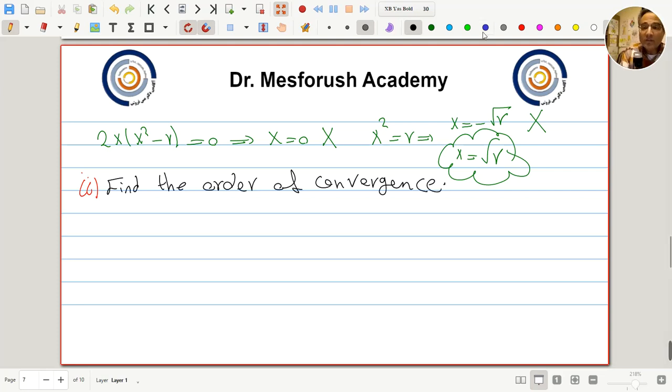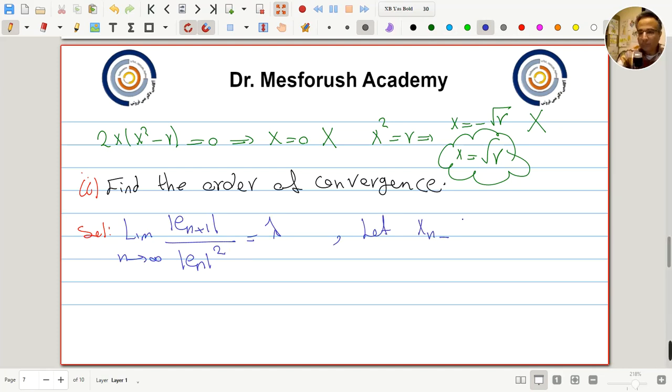To this end, we should construct this limit: the limit of absolute value e_{n+1} over absolute value e_n to the power alpha equal to lambda, when n goes to infinity. Okay, let x_n minus the square root of r be e_n.